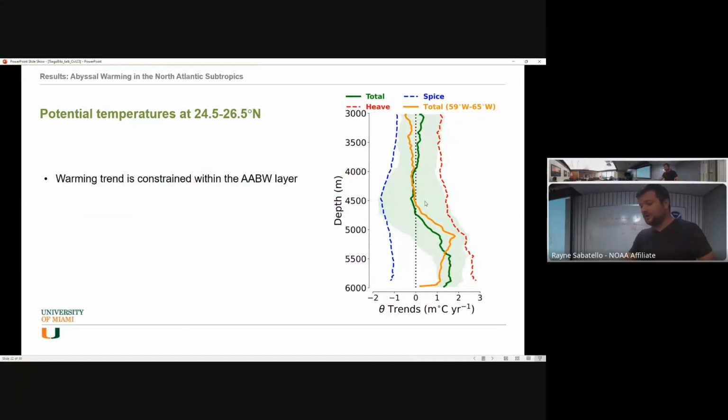Okay, so in this plot, again, we have in green the potential temperature trends as a function of depth, all right? That's for the entire transect between the Mid-Atlantic Ridge and 69 West, all right? And in orange is for that smaller section where we have deep Argo floats.